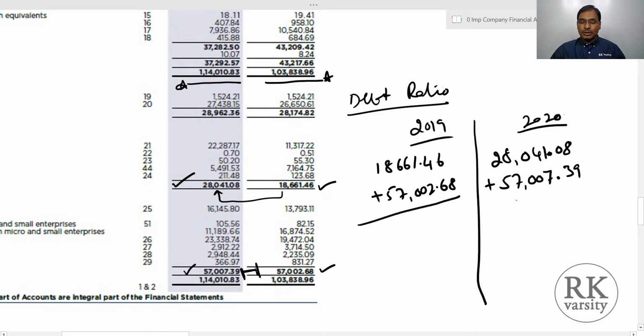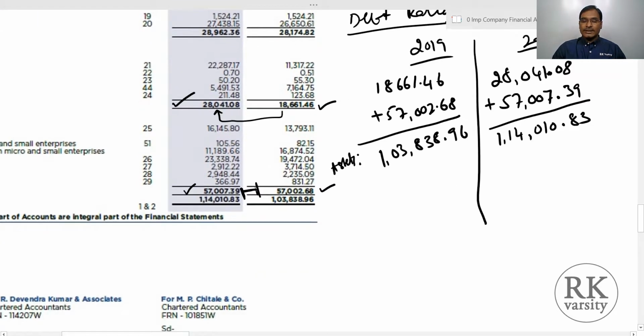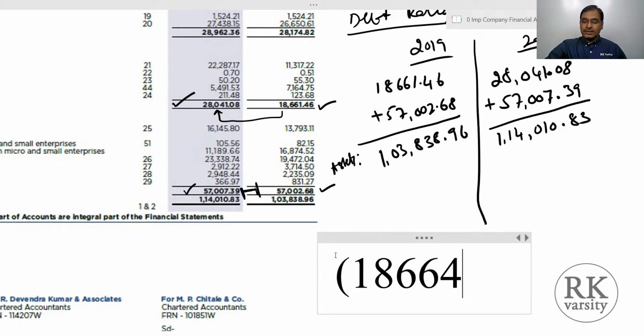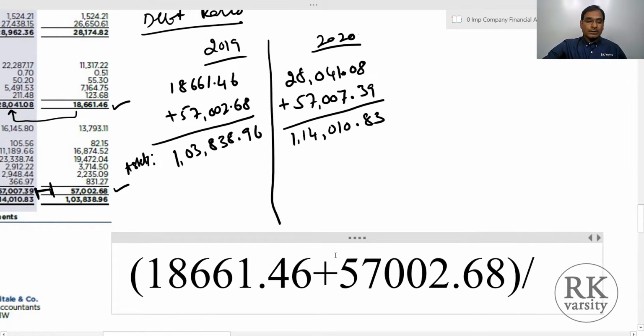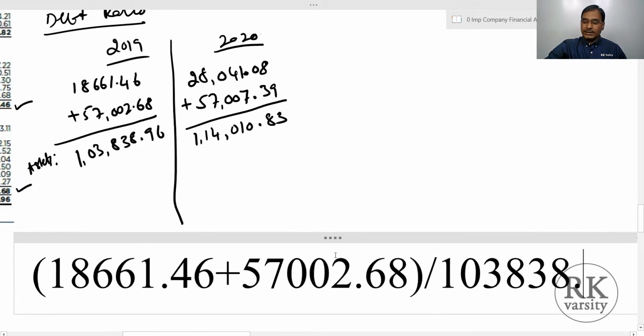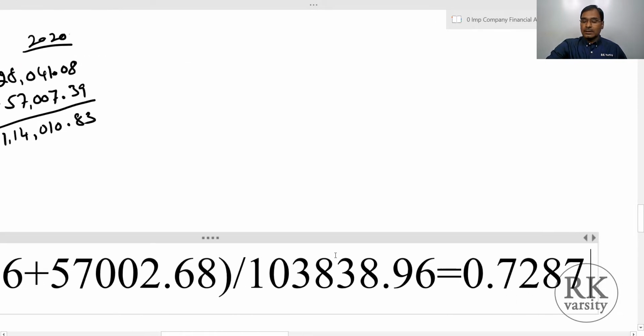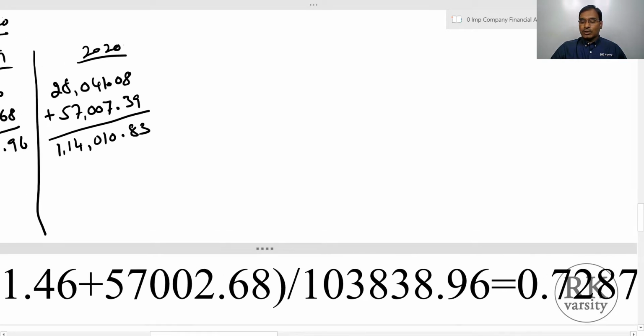This is upon the total assets, which is 1,03,838.96 crore for 2019, and 1,14,010.83 crore for 2020. So, our debt ratio will be 18,661.46 crore plus 57,002.68 crore upon 1,03,838.96 crore. So, this is 0.7072, or we can say 0.73.